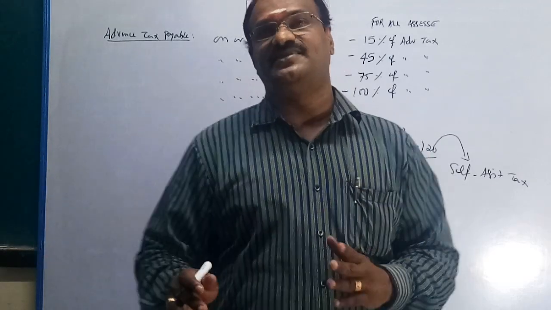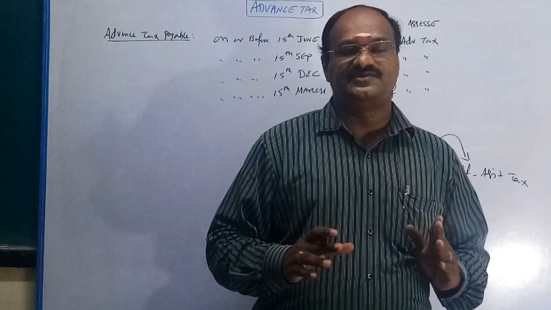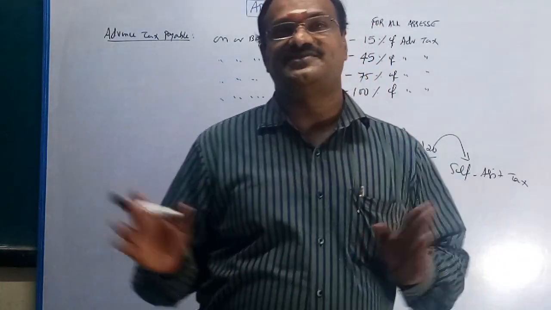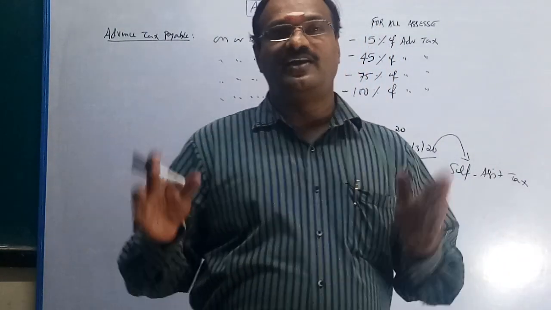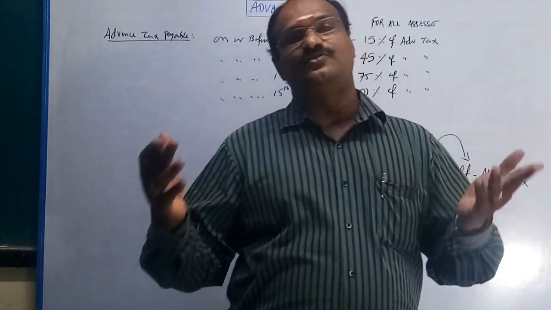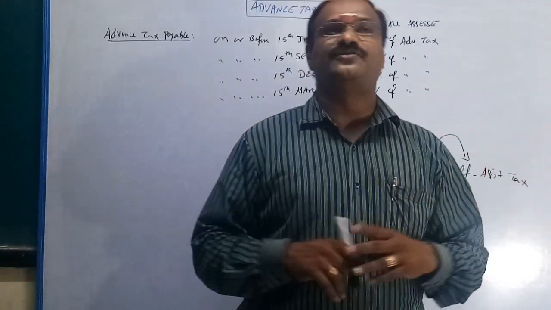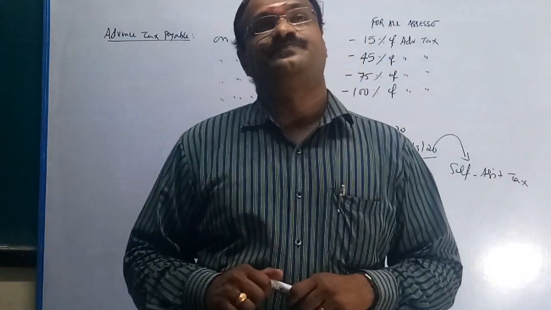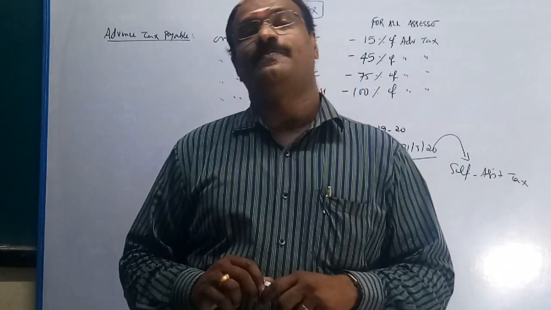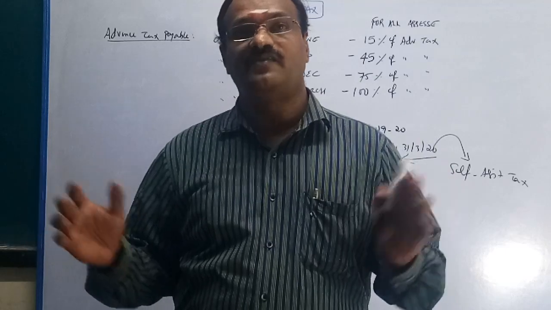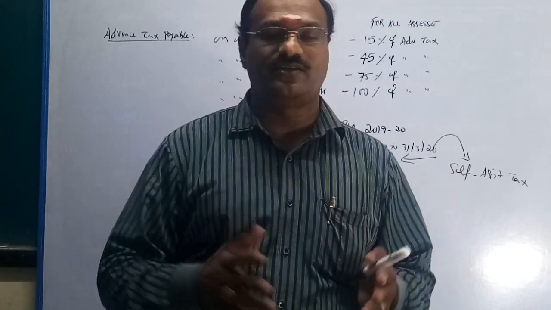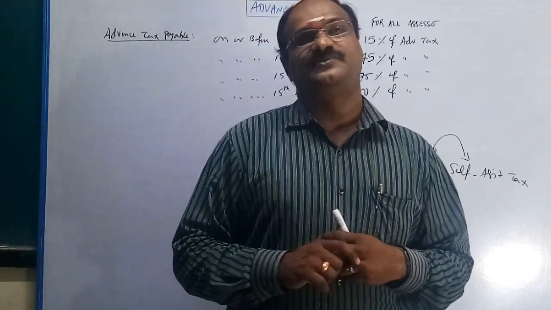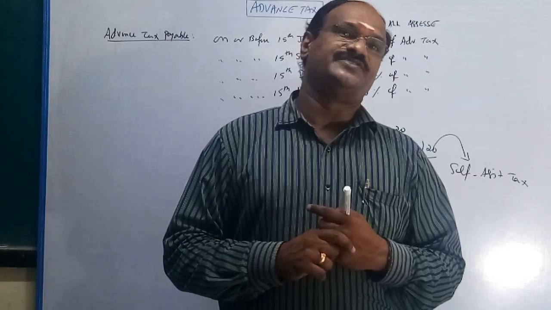So other than business, the senior citizen need not pay advance tax even though the final tax liability is 10,000 or more. Senior citizens not having business income are not covered under advance tax provisions.